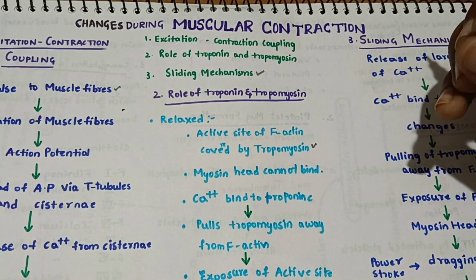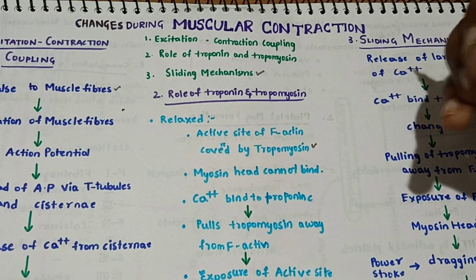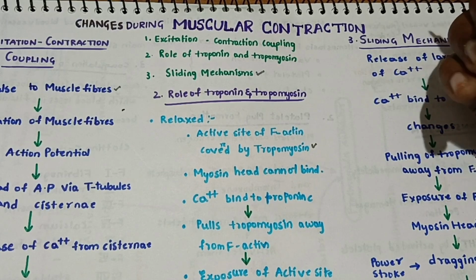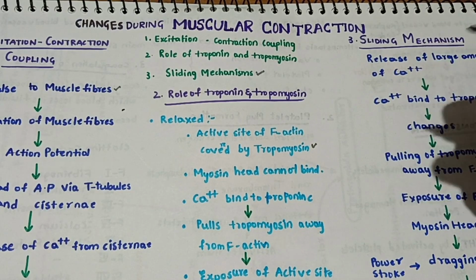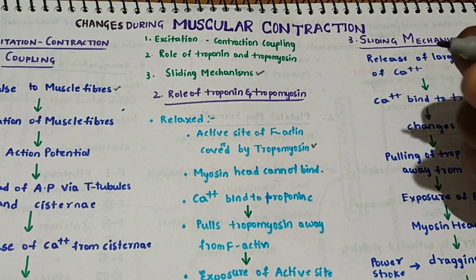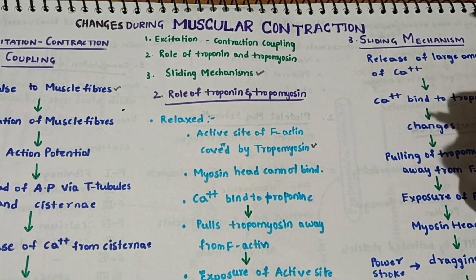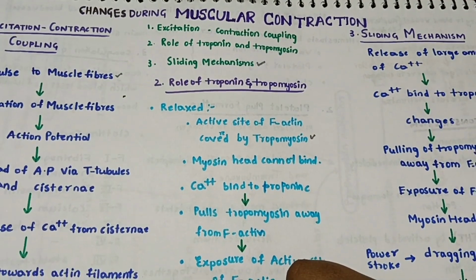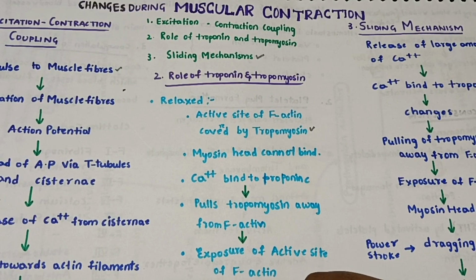So that the myosin head cannot bind to the active site of F actin. Normally during contraction, the head of myosin gets attached to the active site of F actin. So in the relaxed period, tropomyosin covers the active site of F actin, and there will be no binding between the myosin head and the active site of F actin.